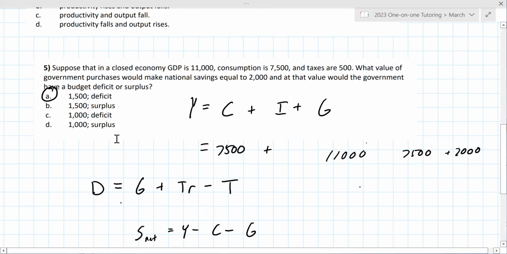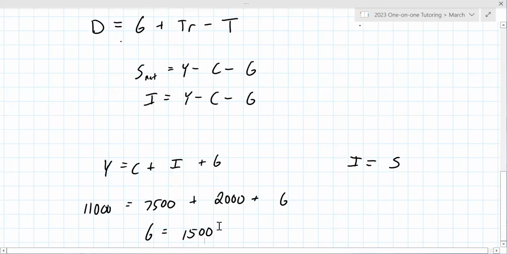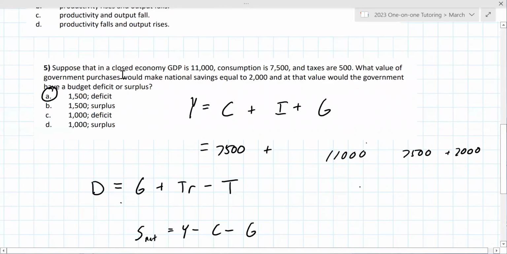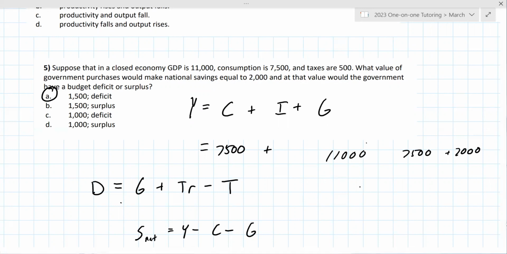The way I've solved it, the G value ends up being 1,500, but that's the value of government purchases that would make national savings equal to 2,000. So to me, they're short $1,500 because the taxes are 500 and they really want savings to be 2,000. Let me see if I can find.